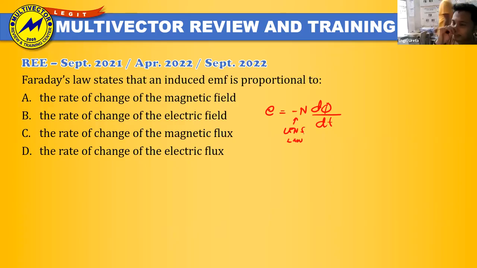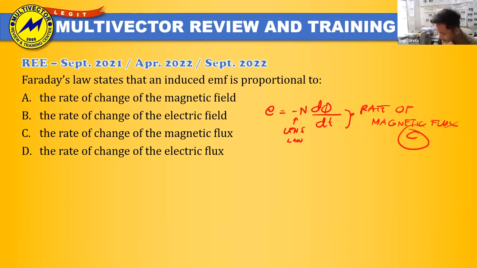Okay, so kung mapapansin nyo sa formula, our EMF induced is actually proportional to the rate of magnetic flux. Magnetic flux per unit time is actually the rate of magnetic flux. Okay, so yun yung tamang sagot natin. Letter C. Okay, rate of magnetic flux.